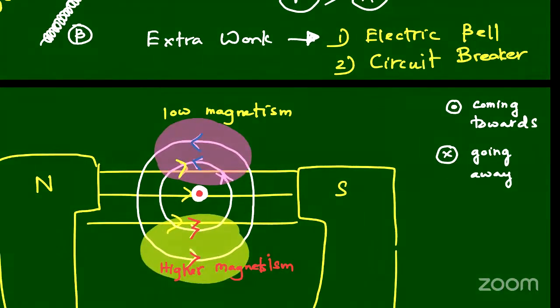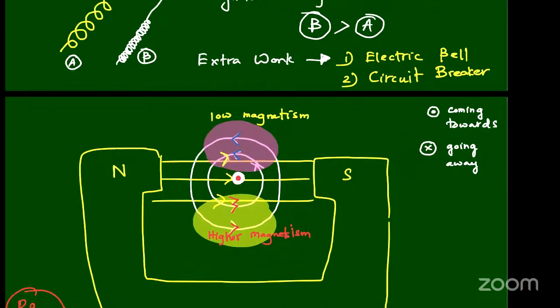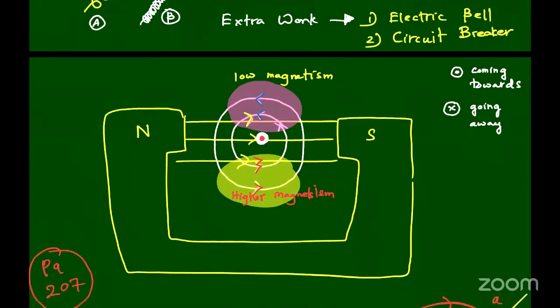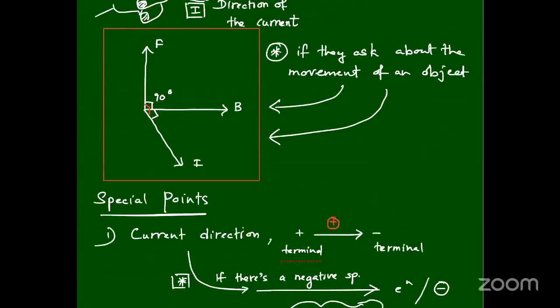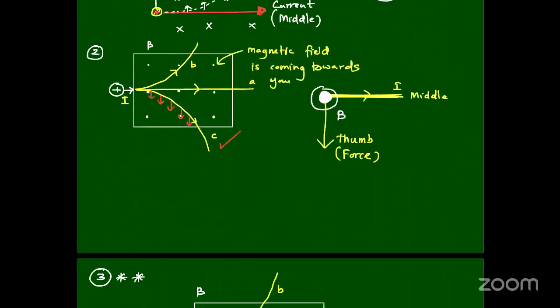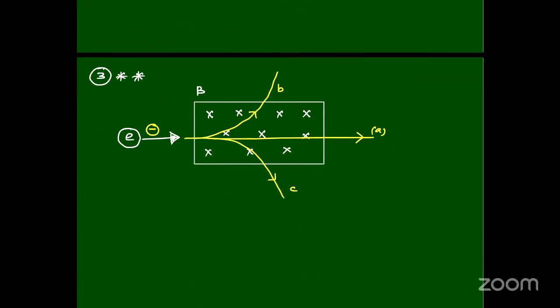If it is coming towards you and going away from you, how can I explain it? It's hard, because we are using 2D planes to explain this stuff, so it is actually difficult to explain here, right?